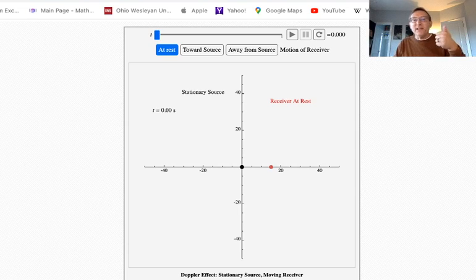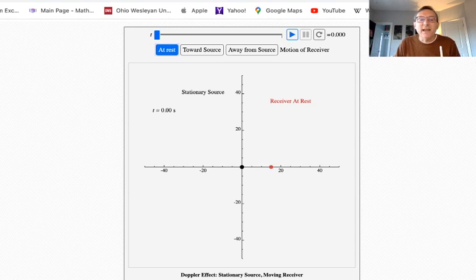So the source and the detector are both at rest relative to the medium, the air, and therefore they're at rest relative to each other. Then we're going to figure out the period and the frequency of these received or detected sound waves in this case.